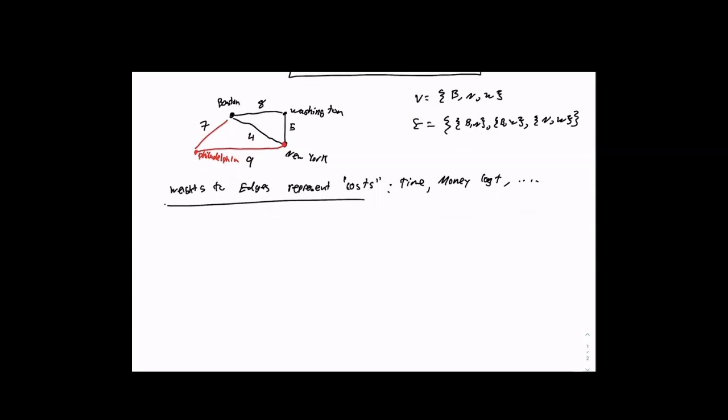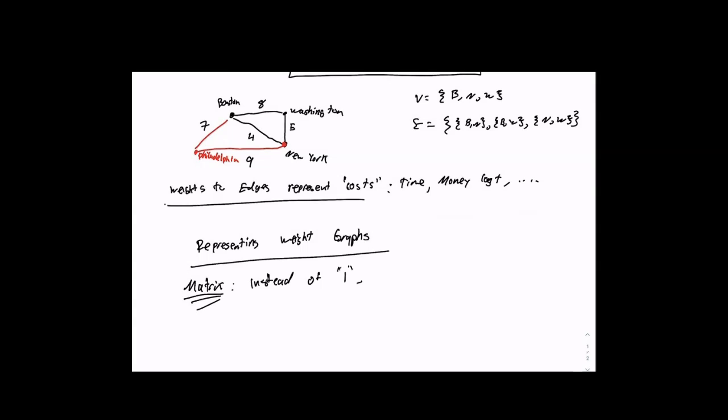So how do you represent them? That's our focus today: representing weighted graphs. The answer is just a matrix where, instead of 1, we use the weight of the edge.